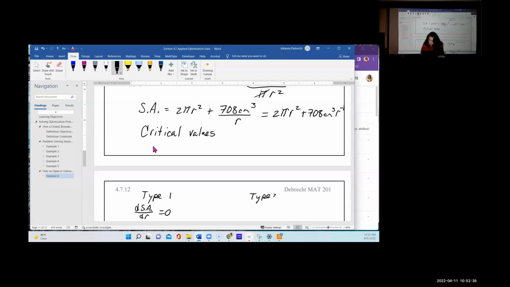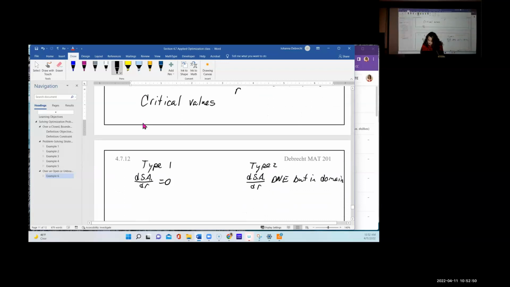And type 2, the derivative of the surface area with respect to r does not exist, but it's in the domain of the surface area. In other words, the surface area still exists.